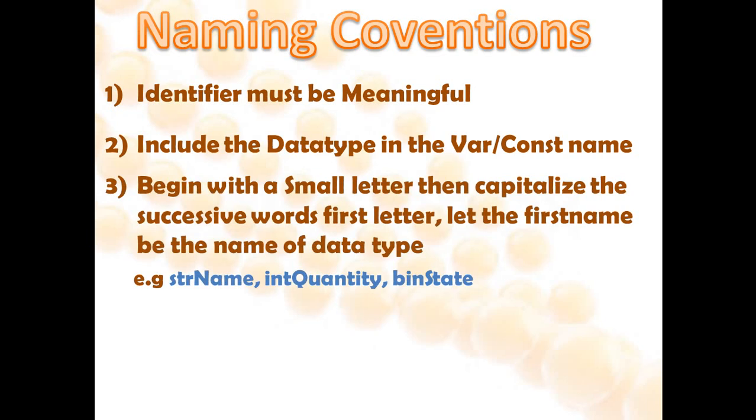So begin with a small letter, then capitalize the first letter of the successive words. Let the first part be the name of the data type. For example, I want to declare quantity. Quantity is an integer, so I will start with int quantity.